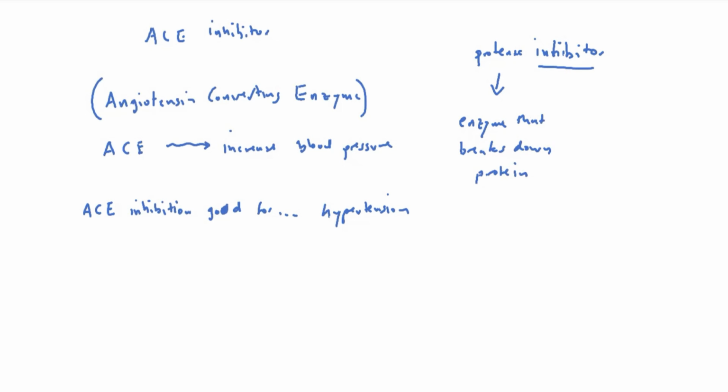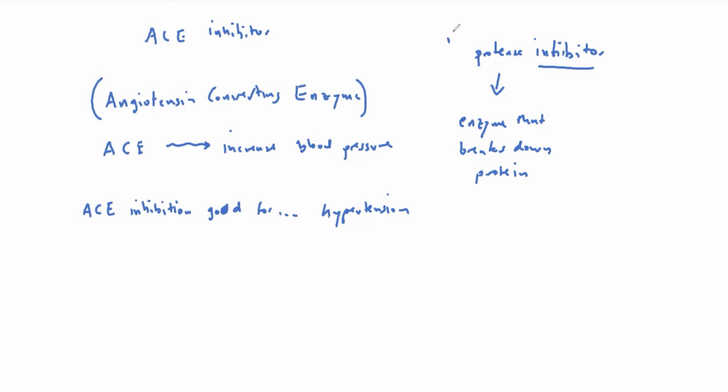In other words, it'll take a polypeptide and break it down into smaller chains. And so a protease would be a digestive enzyme. In a lot of cases, when the food that you eat gets down to your stomach, you've got a lot of proteases breaking them down. That's not the protease inhibitor that I'm thinking about.